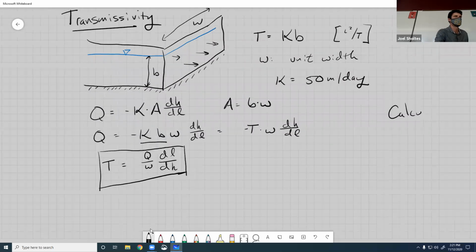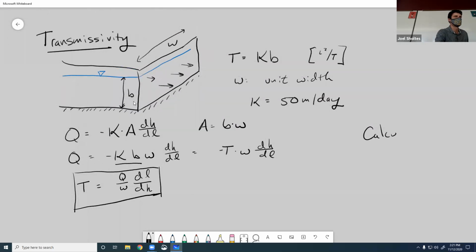Yeah. Does B depend on, assuming B is large compared to how much it drops to a minor distance? Yeah, so you're assuming B doesn't change over time. Yeah, that's an important assumption. I guess a couple other, yeah, let's talk about assumptions. I skipped those.